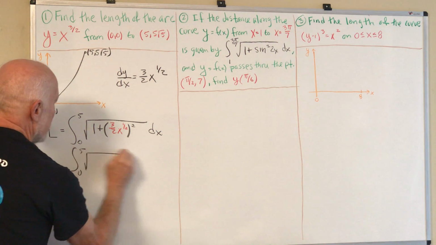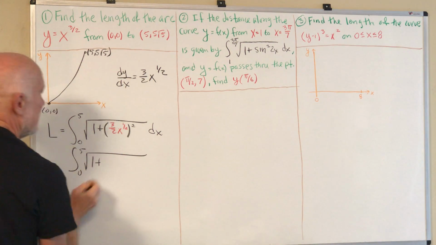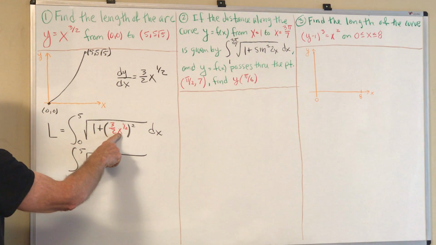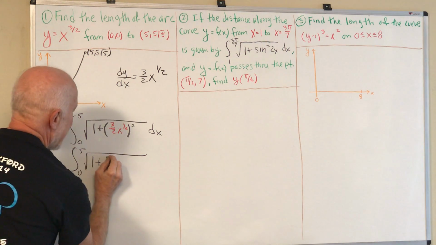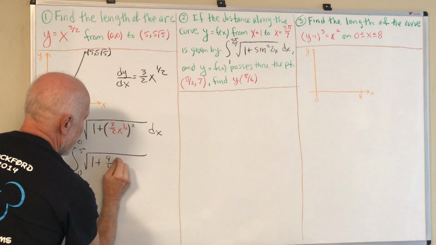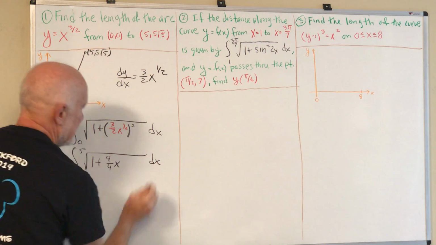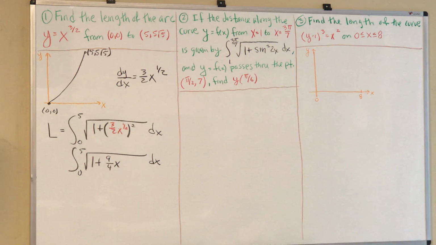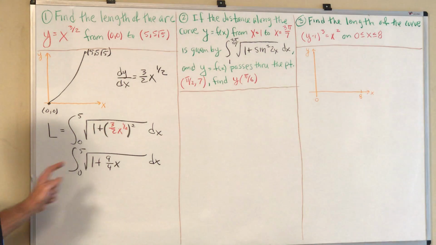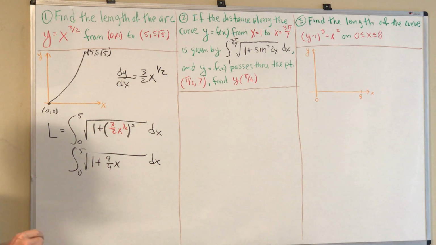So if I square it out, I get 1 plus, the square root squared is just x, so you get 9/4 x. Now, I'm not going to give up on this one like we did on the last one. We do have a method of doing this, but it's not perfectly in the form we want. So probably what we're going to do is do a u-substitution.